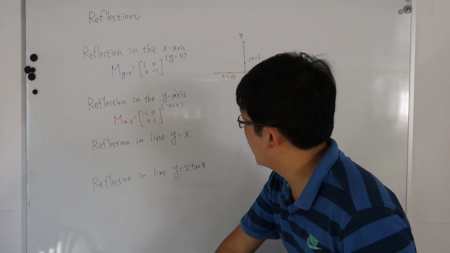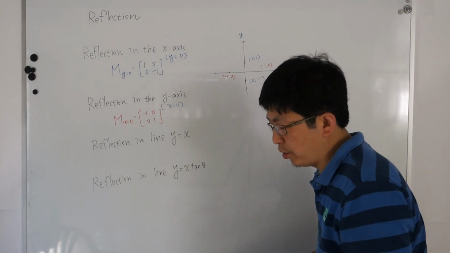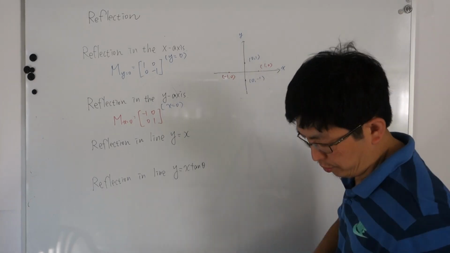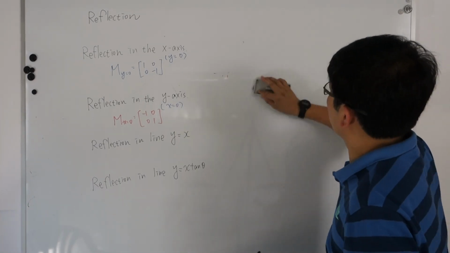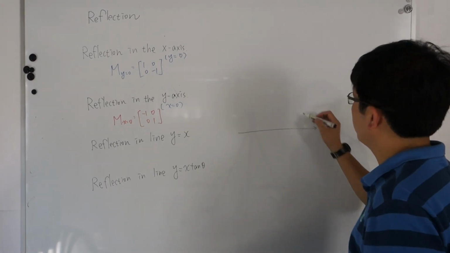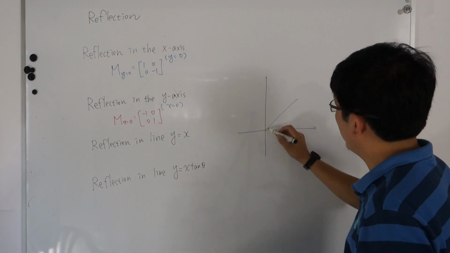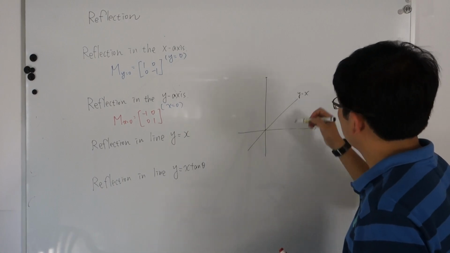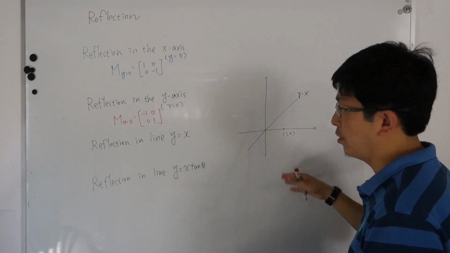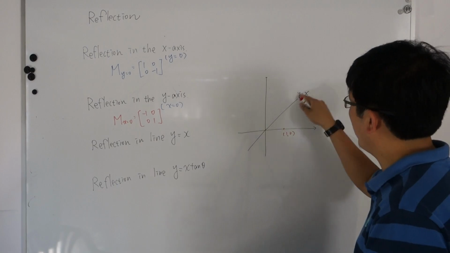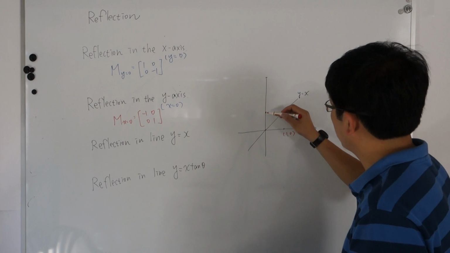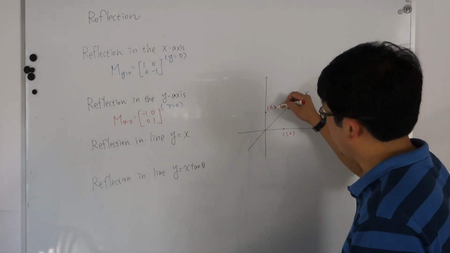Now, what does it mean, the reflection in the line y equal to x? It means you have a line here, y equal to x, on the Cartesian plane. So if we have a point here, (1, 0), the original point, depending on y equal to x, it will reflect to here and become (0, 1), alright?